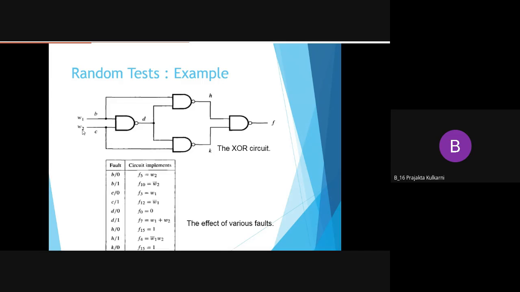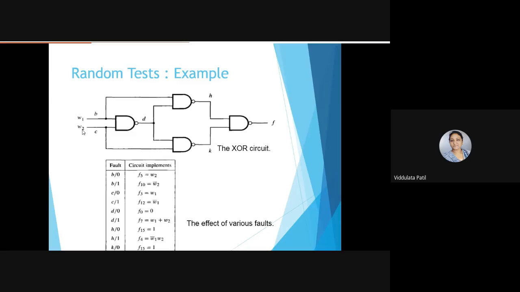K is equal to 1. So the output will result in a 0. Okay. Actually, in a good condition, what was the result? Output F is equal to 1. But now it will result as F equal to 0.